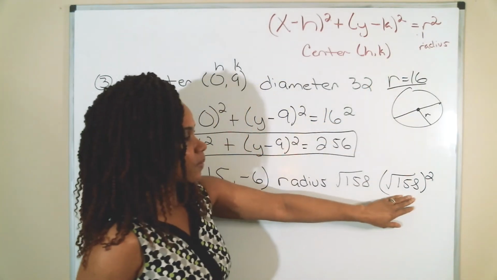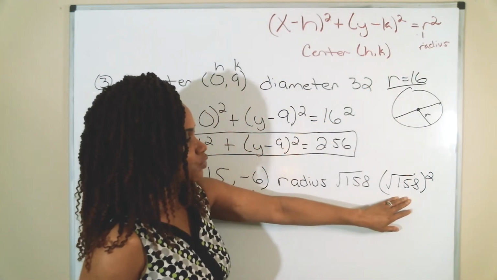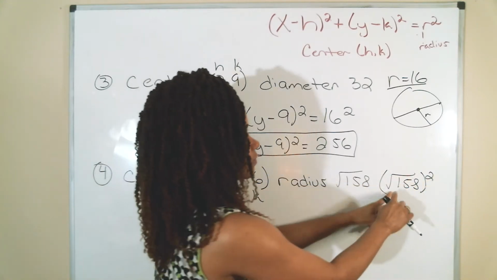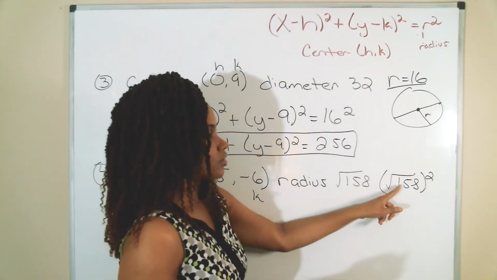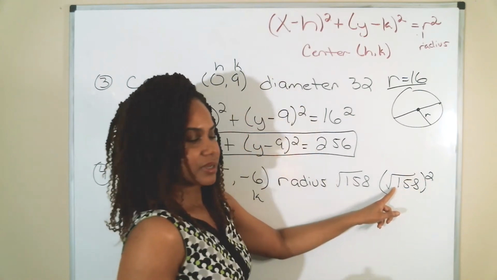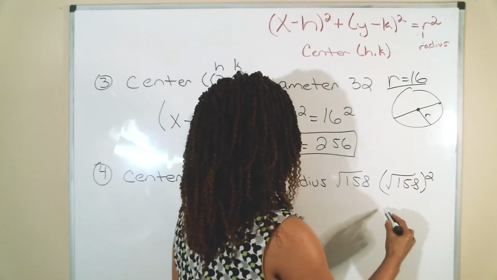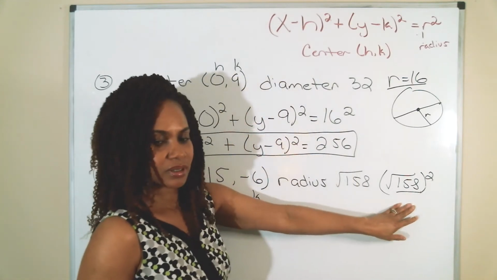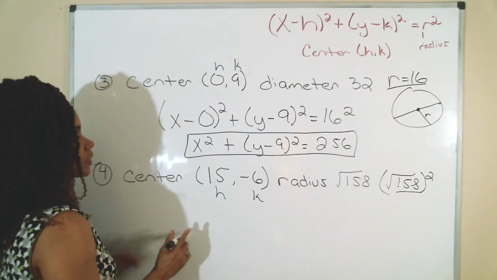So now remember, if you have a square root and you raise it to the second power, because this is really to the 1/2 power, it's going to actually eliminate that square root sign. So my radius squared would just be 158 when I plug it in. All right, so let me show you.